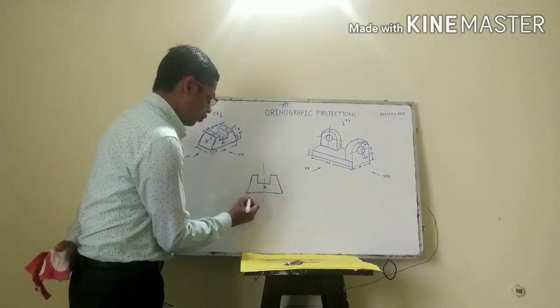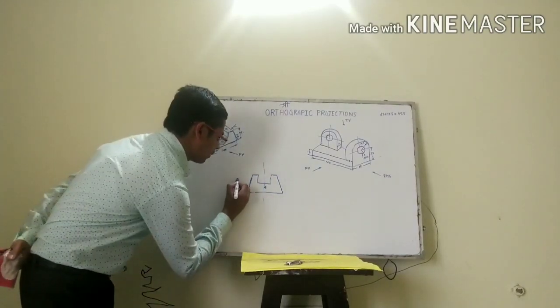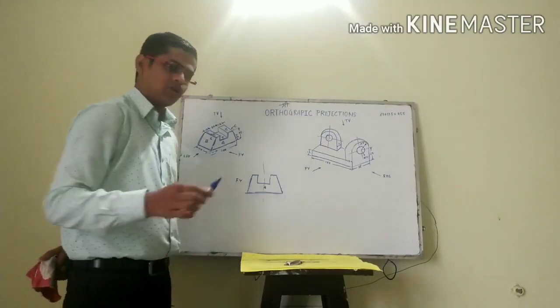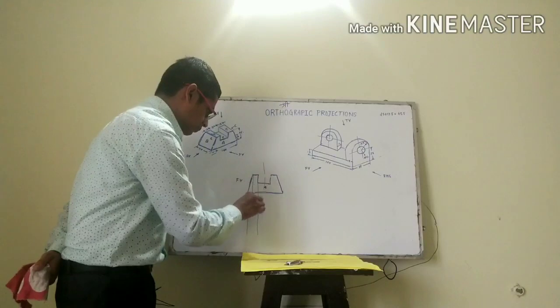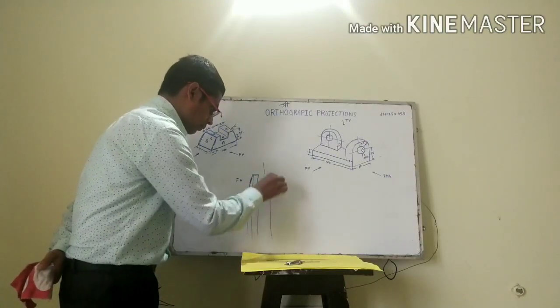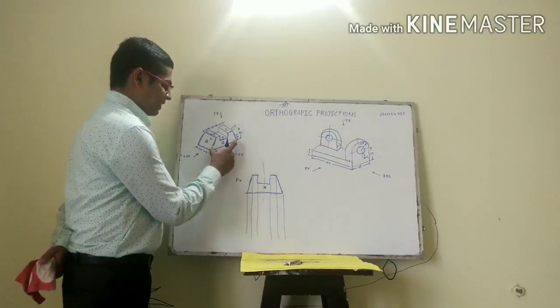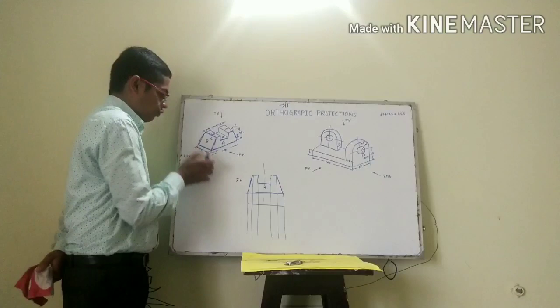Now I will go with the top view. This is my front view. What is your work? Draw light projections from here. This is 100 and this is 40.